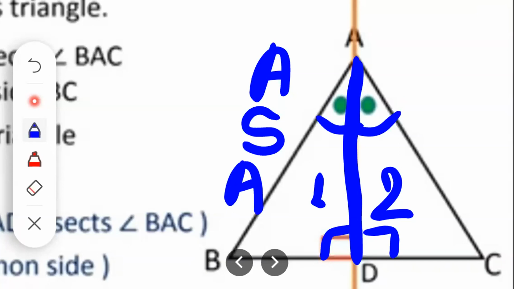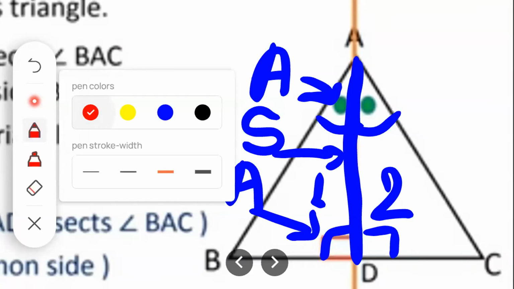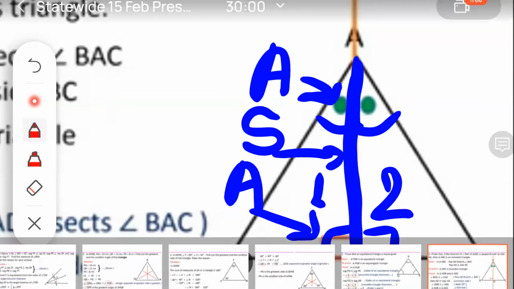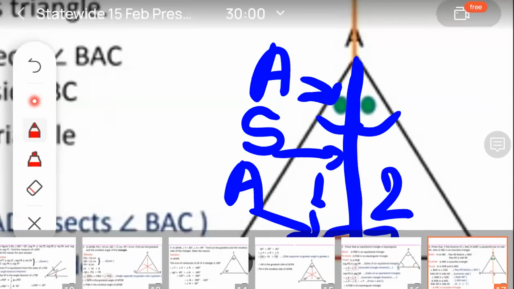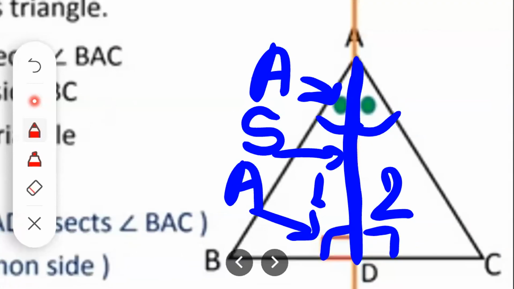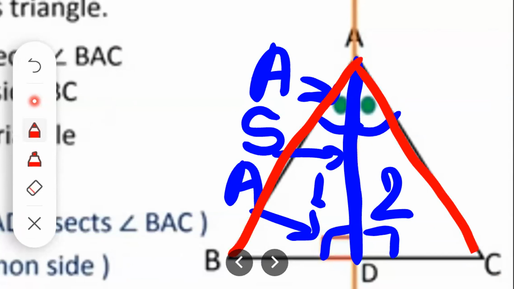So by ASA test, angle, side, angle. By the angle, side, angle test, both the triangles are congruent, and if the triangles are congruent, their corresponding sides will also be congruent. So the corresponding sides, AB is congruent to AC.